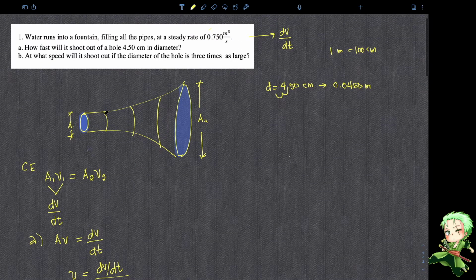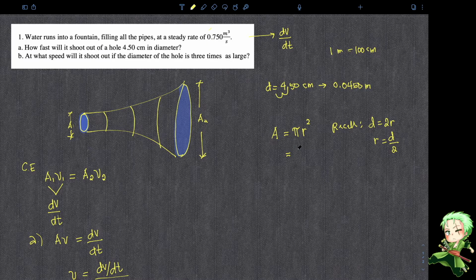Now take note that if you look into this illustration, the cross-sectional area is actually equal to the area of a circle, since this is circular, which is most of the case. We will deal with circles. So the area is just pi r squared, where r is your radius. Since we are not given the radius but instead the diameter, you recall that your diameter is just twice the radius. Therefore, your radius is actually half of the diameter.